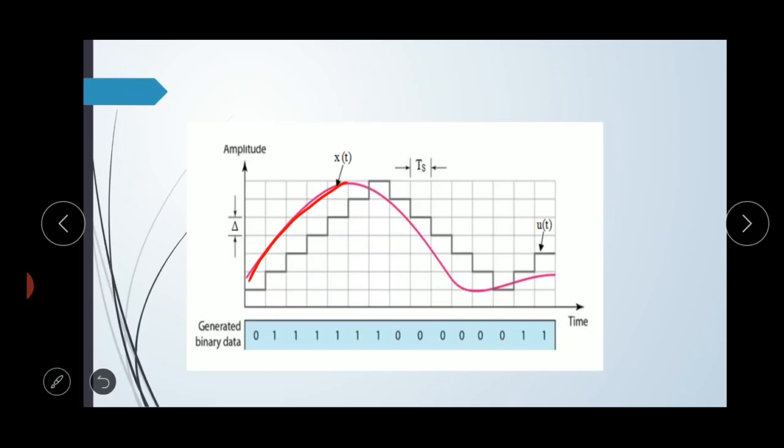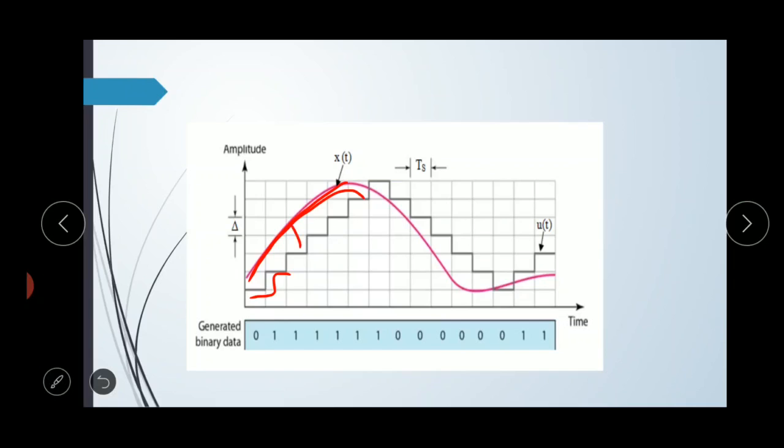So here we know that the step size is always constant. So it looks like step size delta is too small for this staircase signal to follow this input signal. Here there is a large error between the staircase approximated signal and the original input signal.